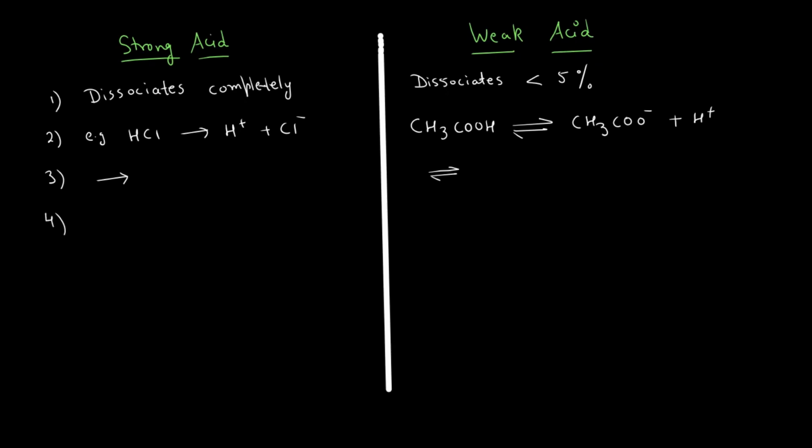Now fourth point, how about the conductivity of strong acid? So conductivity of a strong acid is high because a strong acid completely dissociates into its ions.